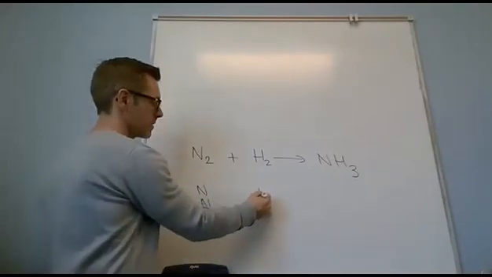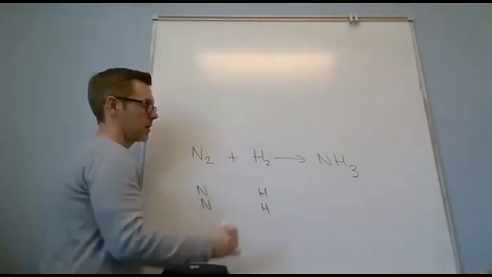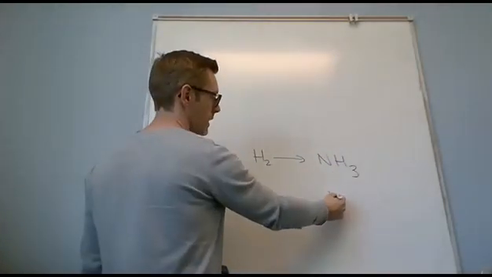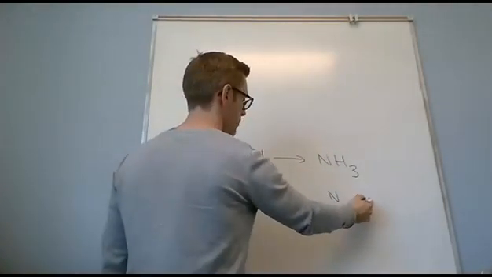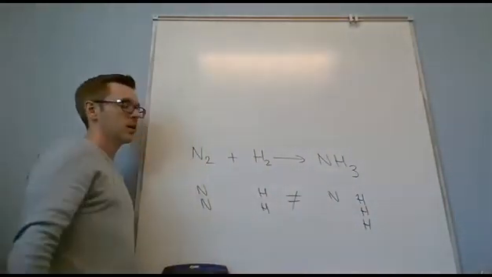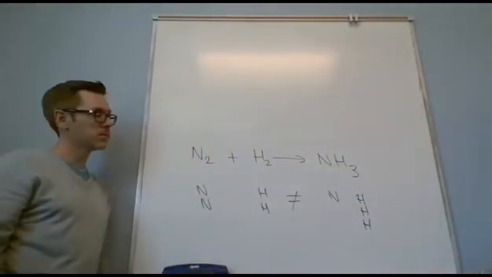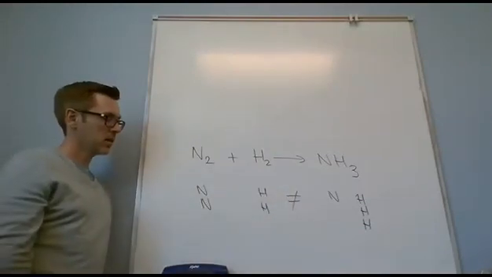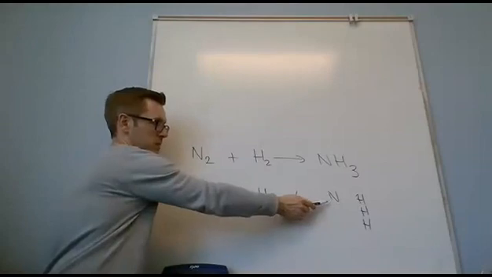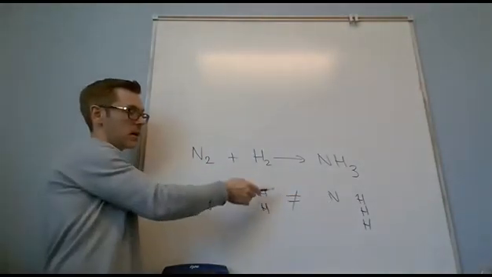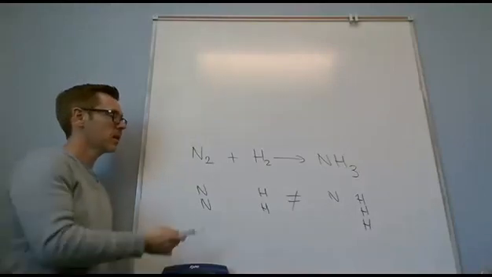I've got 2 hydrogens. And on the right of the arrow, I only have 1 nitrogen, where I have 3 hydrogens. So right now, they're not balanced. We can treat the arrow as an equal sign. So somehow I've lost a nitrogen and I've gained a hydrogen. So this is not a balanced equation.